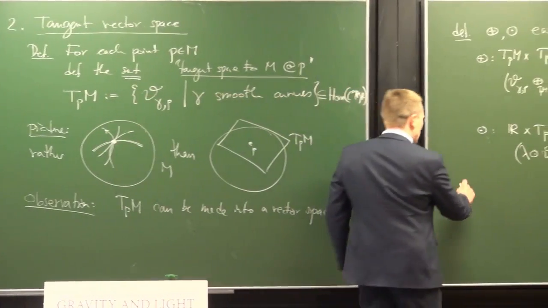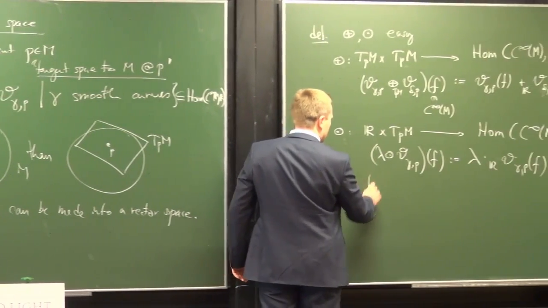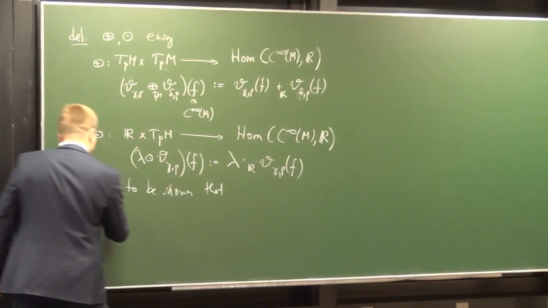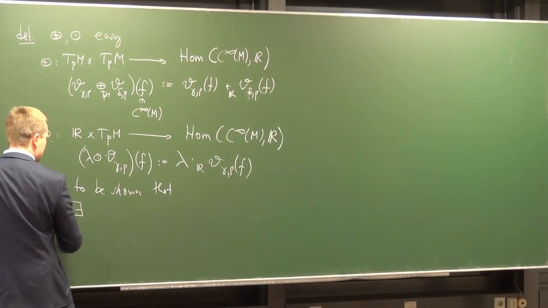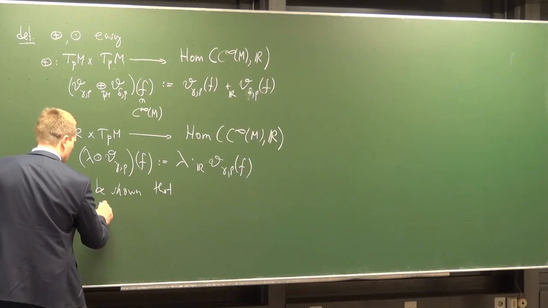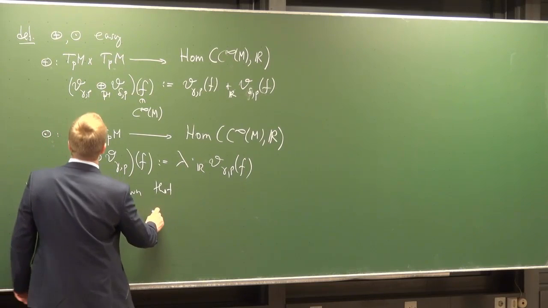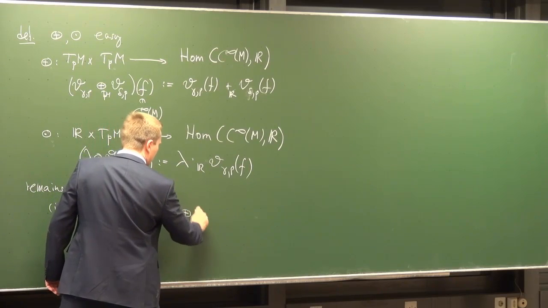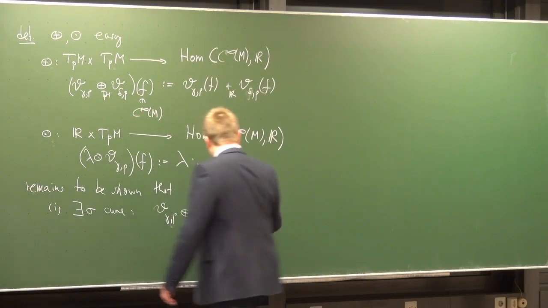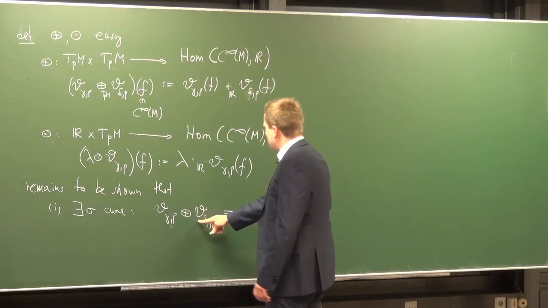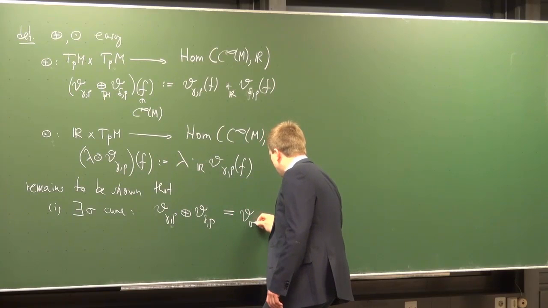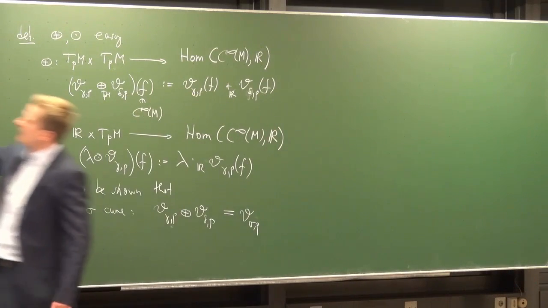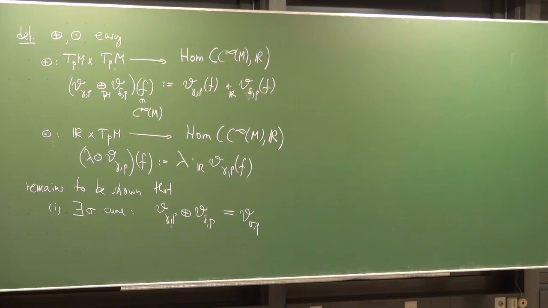So it remains to be shown. So we're always almost there. It remains to be shown that first, there exists a curve σ such that the sum of the velocity of γ at p plus the velocity of δ at p is not only a map of the type, but is actually the velocity of a third curve at the point, arises in the way in which the elements of this space must arise.